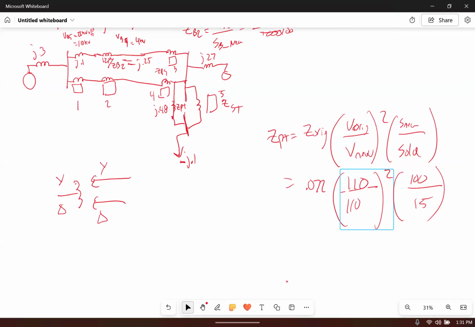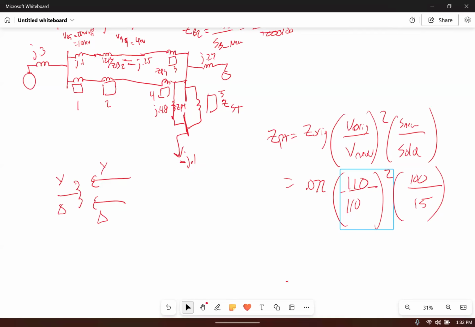Sorry, bad terminology, I guess. The way that they're doing it is creating like a fictitious center bus. And so then you've got the primary side impedance to that fictitious new bus, and then the secondary to the new bus.